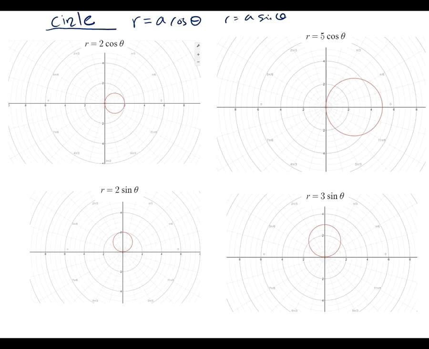What kind of generalization could you make about the cosine versus the sine? I know you kind of looked at all of them at the end of the lesson yesterday. Cosine is kind of symmetric about the x-axis, right? And sine is symmetric about the... Okay, let's find somewhere on that paper to make sure you have that written down. So cosine is symmetric about the x-axis. This is kind of a generalization.